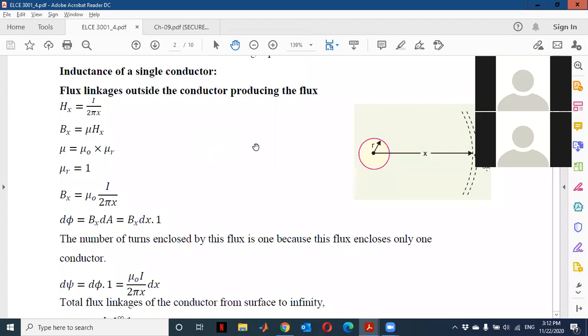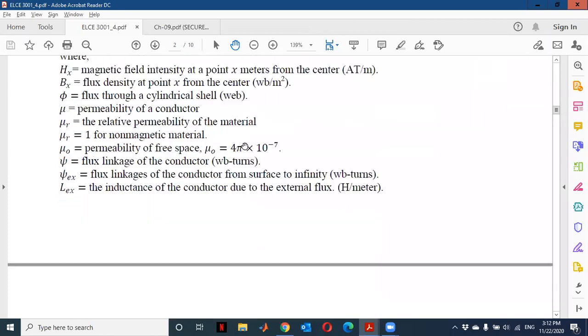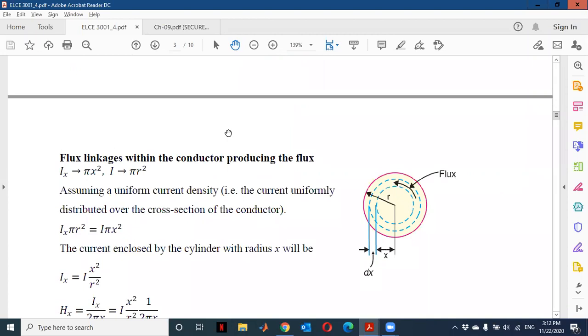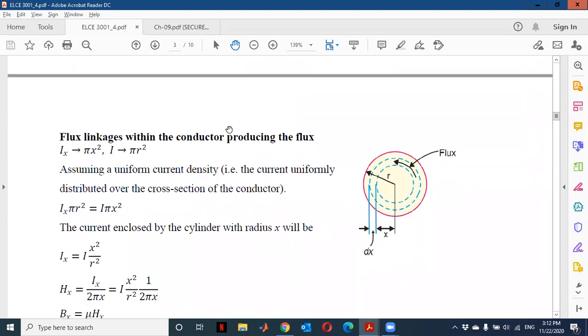Now, the second type of the flux in single conductor is the flux linkage within the conductor. This flux is going from the center of the conductor until it reaches the surface of the conductor.